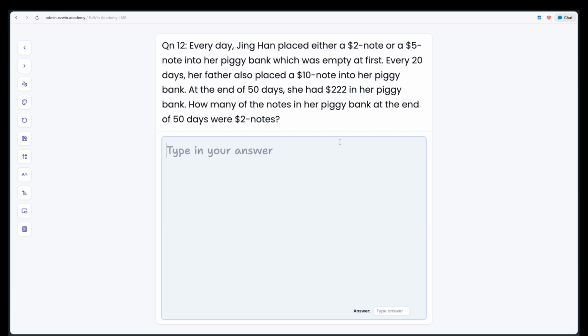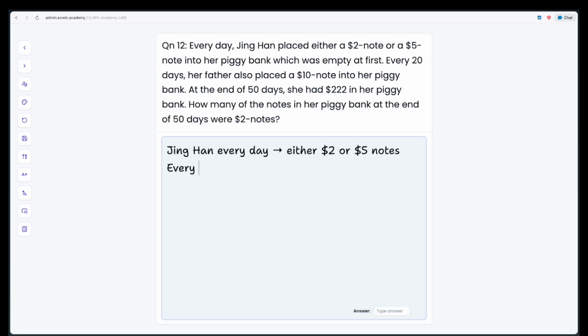Alright, so later on there is a concept that we need to use. First things first, we know that every day she puts either a $2 or $5 note. So for Jin Hang, I'm going to write here, every day put either $2 or $5 notes.